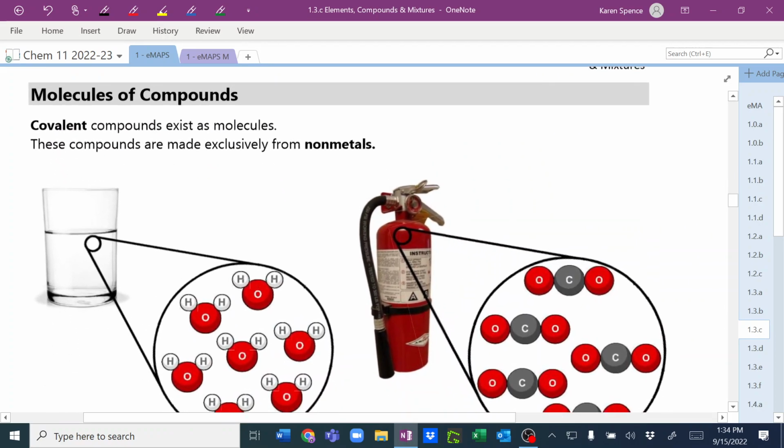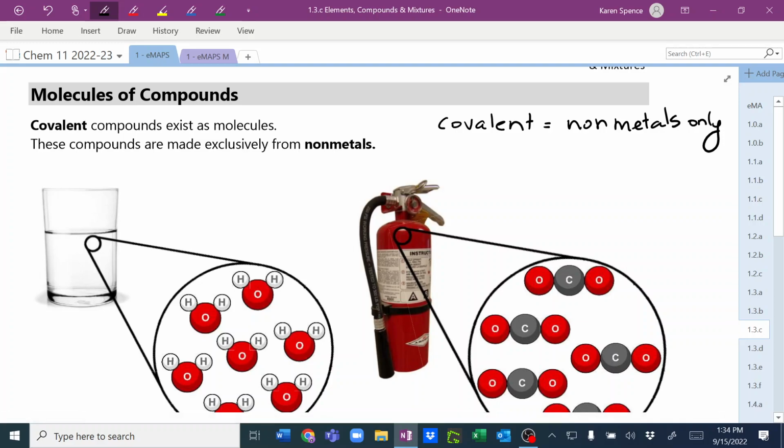Our covalent compounds exist as molecules. If it's covalent, remind me what kinds of elements are in there. Non-metals. Remind me, if you remember, actually remind your partner, if either of you remember, what happens to the electrons in a covalent bond?